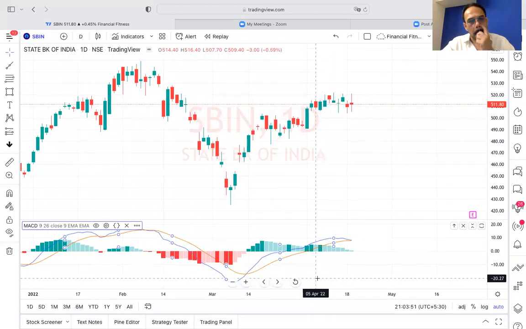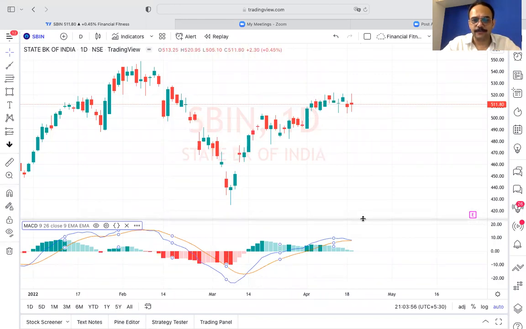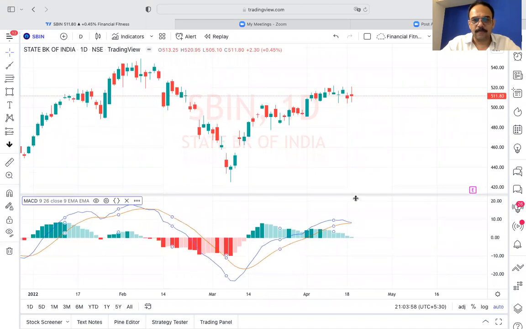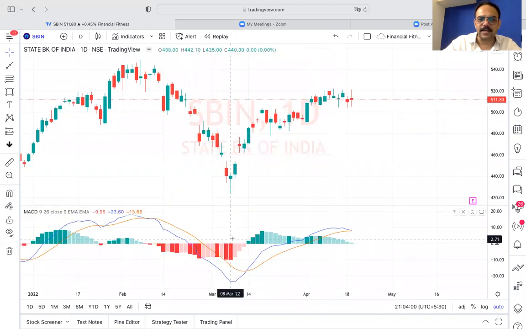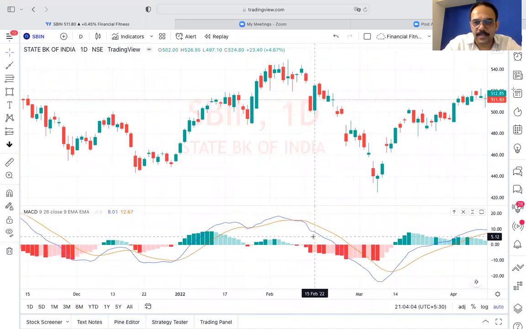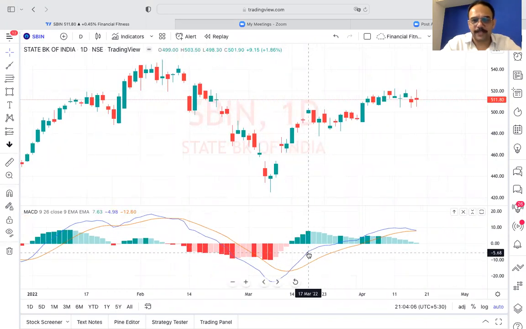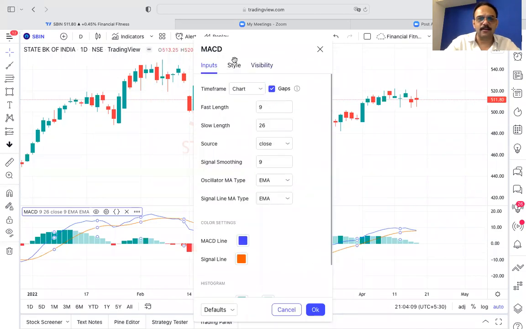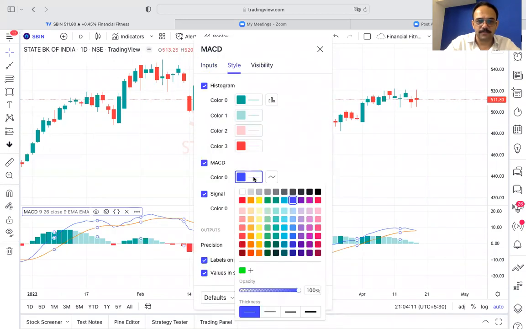Now, once we have changed this, what is our entry? Our entry is something like this. See, there are multiple crossovers happening. This MACD line is the blue line. I'll make it a little darker so that it is clearly visible.